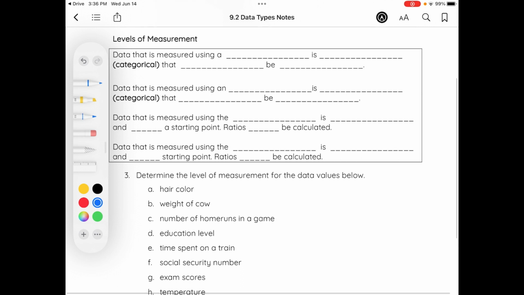Then we want to talk about the levels of measurement. Data that is measured using a nominal scale, so there's some more vocabulary, is qualitative, that cannot be ordered.